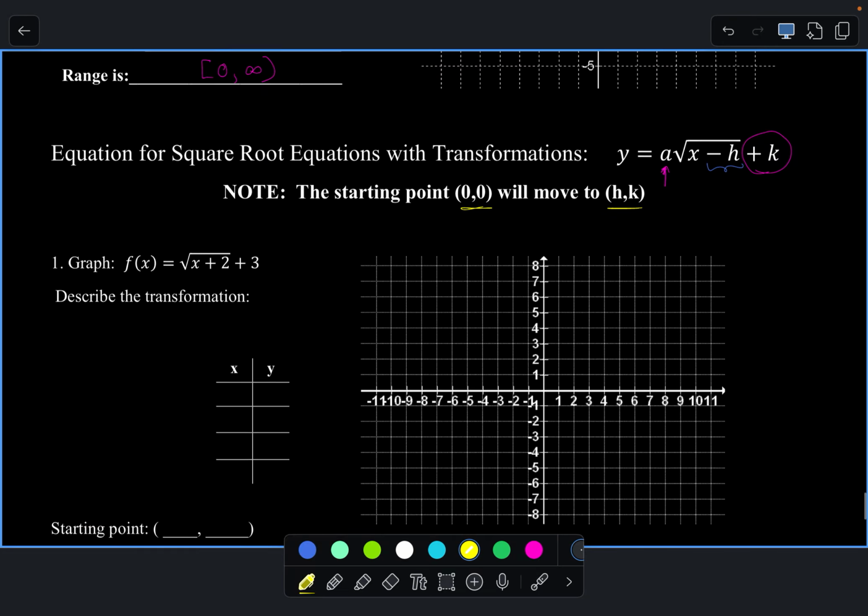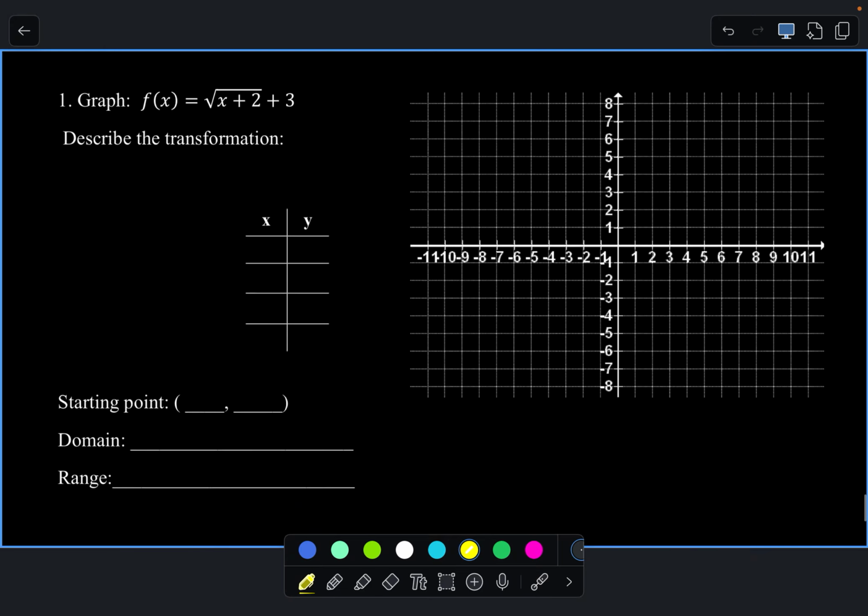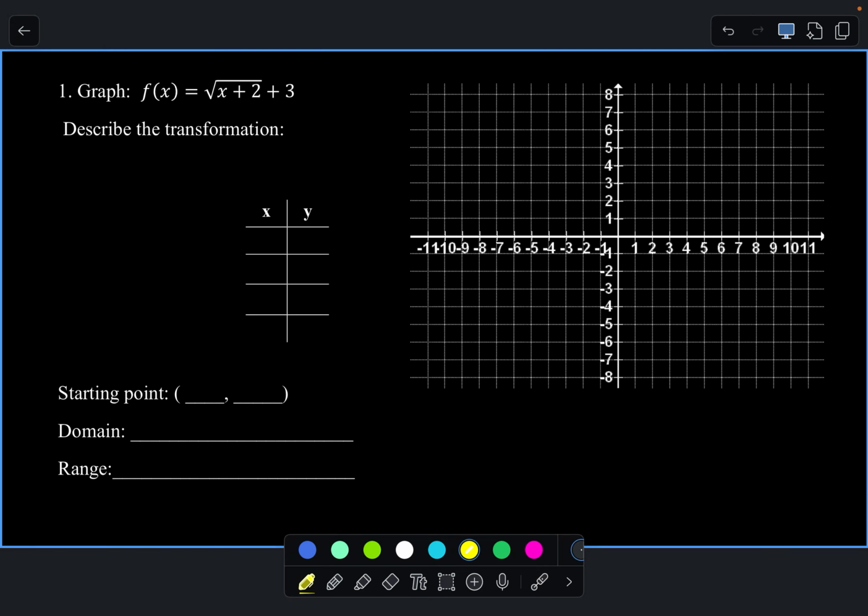So once again, we're going to take a look at our transformations. Our transformations will always be the same within our grouping symbol. So you can consider parentheses a grouping symbol. Absolute value is a form of grouping symbol. Your exponent, so whatever's happening to x as an exponent, is also a form of a grouping symbol.